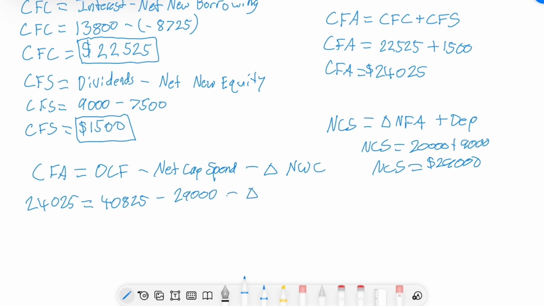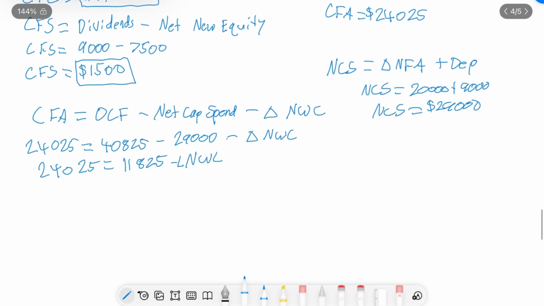minus our change in net working capital. Now, if we combine these, $24,025 equals $11,825 minus the change in net working capital. We subtract 11,825 from both sides.